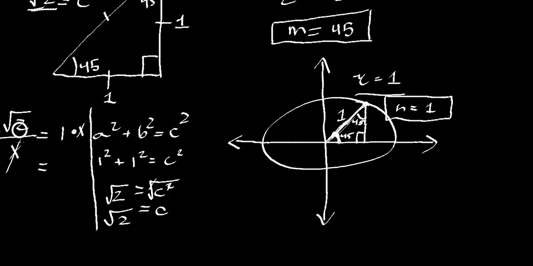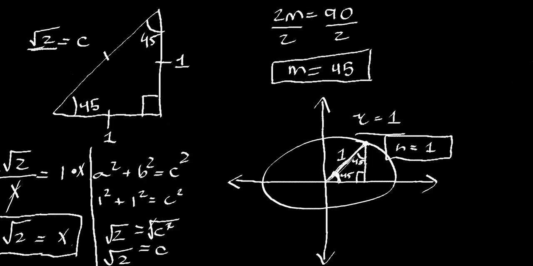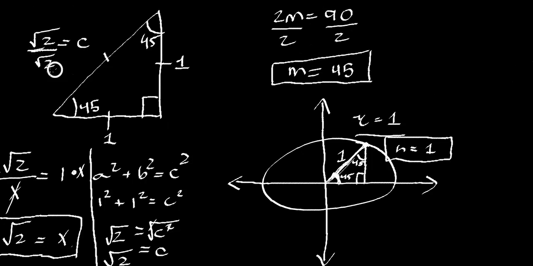And I just get the square root of 2 on this side, and x times 1 is x. So I get x to be the square root of 2. That means we have to divide by the square root of 2, and that makes sense because the square root of 2 divided by the square root of 2 cancel and give you 1. And that's what we want.